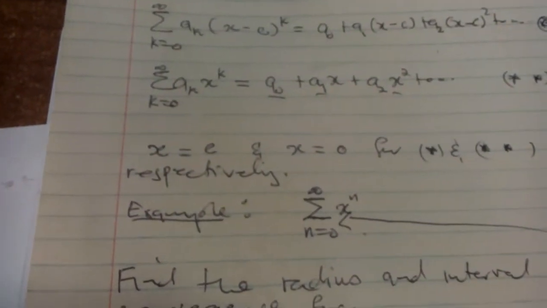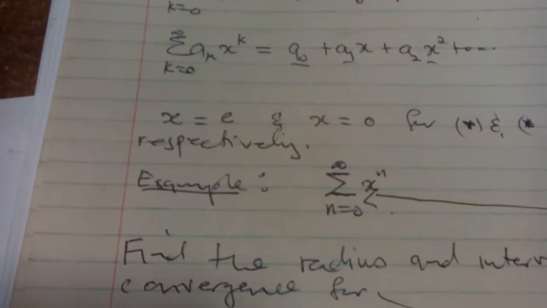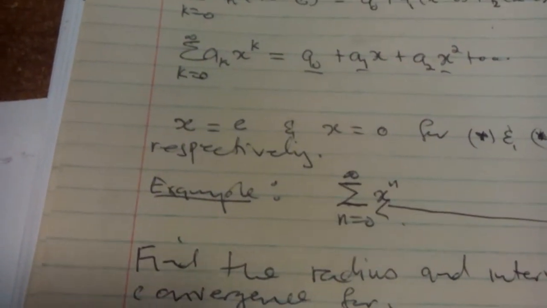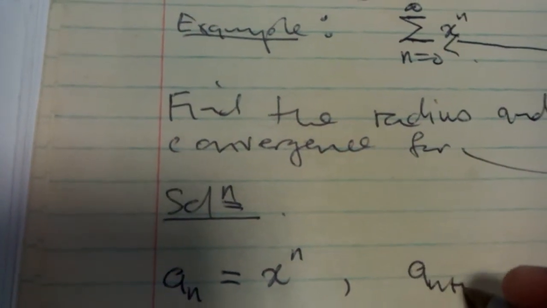So how do you go about that solution? You have to define a sequence an given by x to the power n, and then an plus 1 will be given by x to the power n plus 1, and use the ratio test.